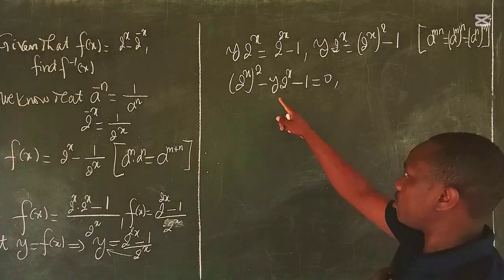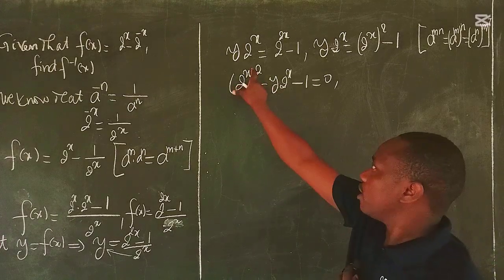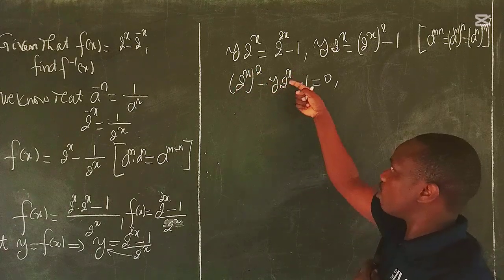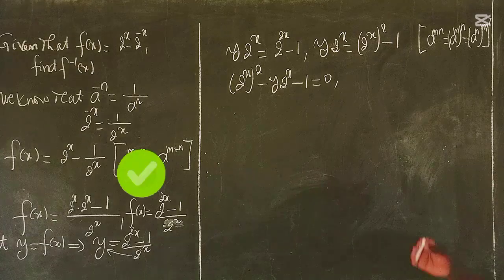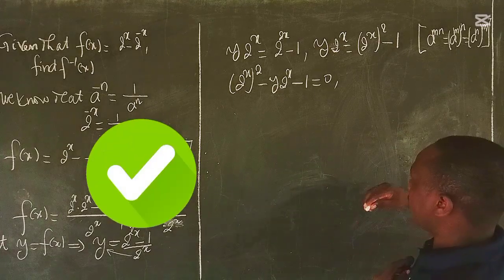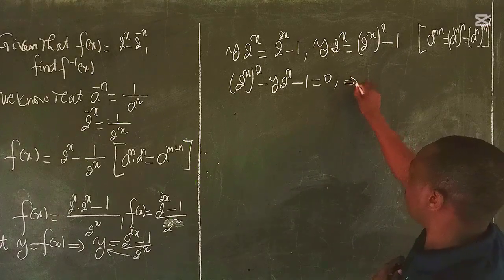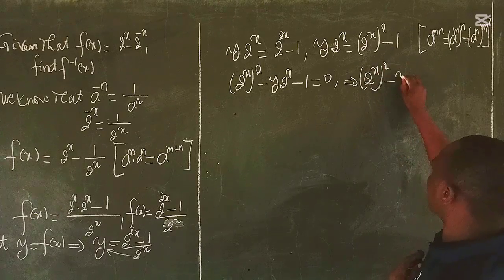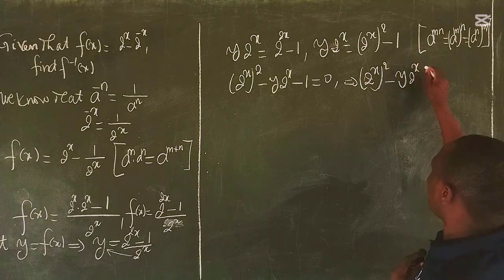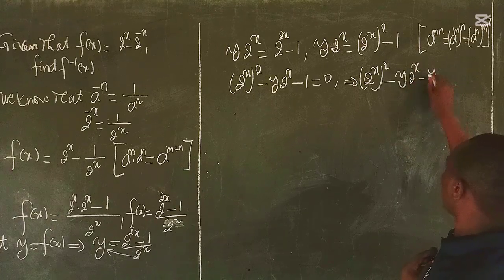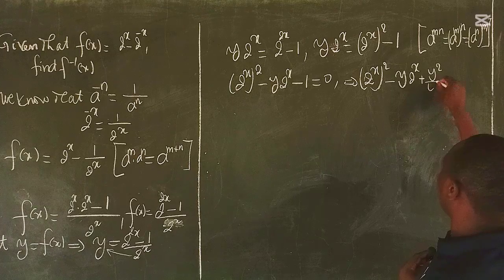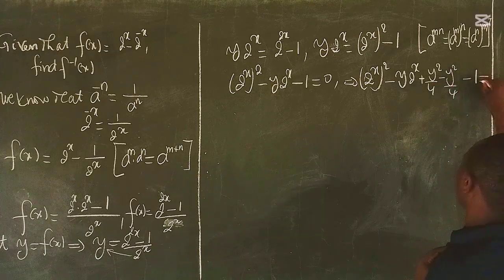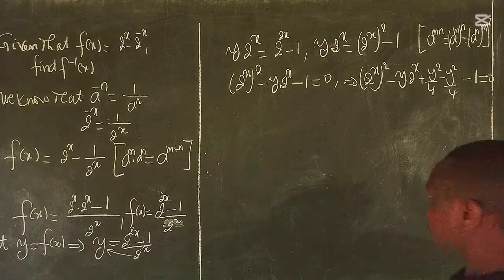Remember, when completing the square, while this has a coefficient of 1, we divide the coefficient of 2 power x by 2 and then square it. We have 2 power x, power 2, minus y times 2 power x, plus y squared over 4, minus y squared over 4, minus 1, and this is 0.